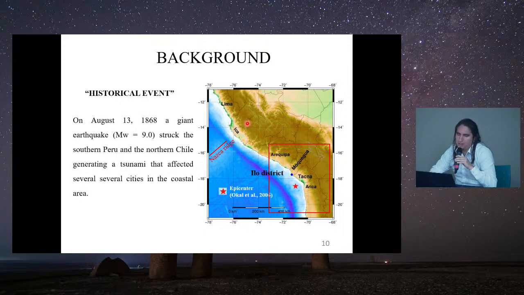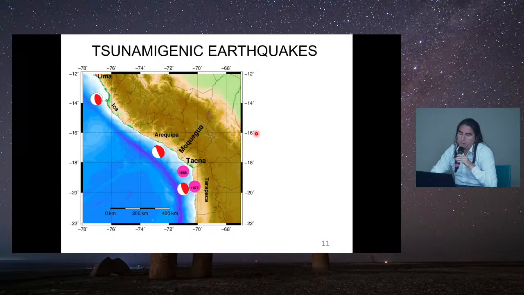I'm going to simulate the source that I think the next speaker is going to present. This is the source of 2006, and this square shows all the places that were affected according to what I explained before.